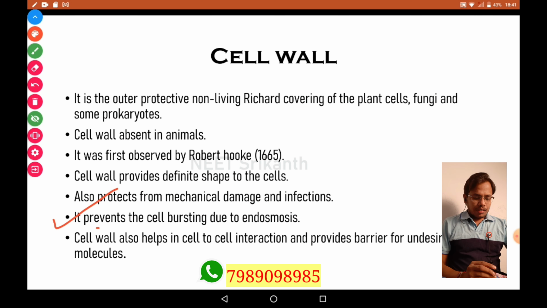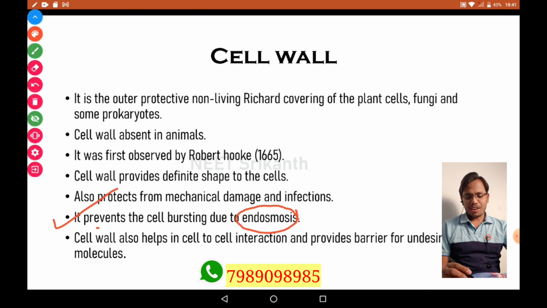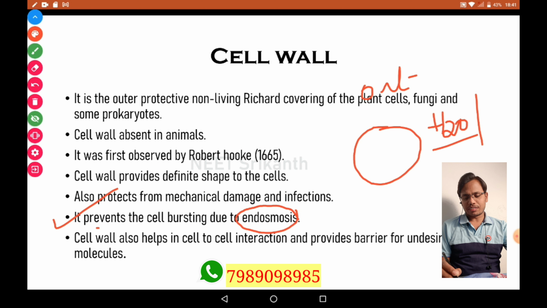Next, the cell wall also prevents the cell from bursting due to endosmosis. First of all, what is the meaning of endosmosis? For example, this is a cell and this is the outside of the cell. Now outside of the cell, an excess amount of water is there. Inside of the cell, less water is there.